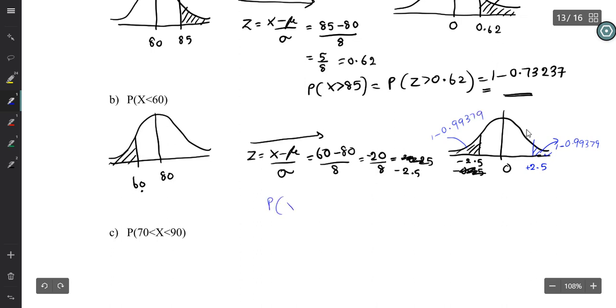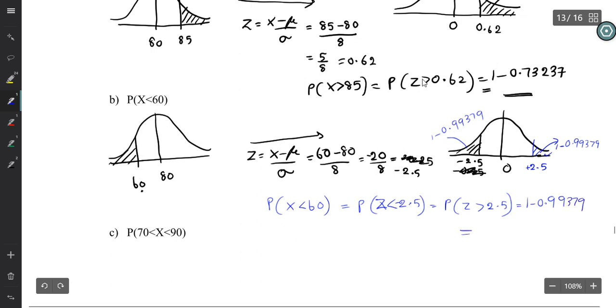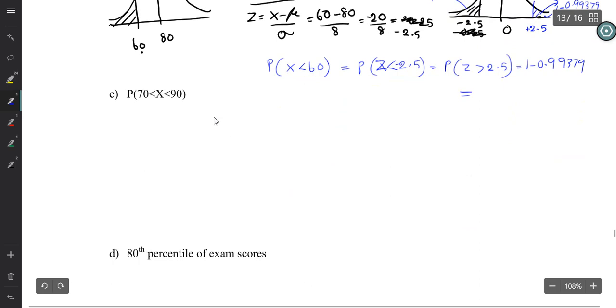So the probability x less than 60 is the same as probability z less than negative 2.5, which is the same as the probability z greater than positive 2.5, and that will be 1 minus 0.99379. So you can find the answer. Similarly, you can find the middle also. I'm not going to do that. You can try it. But let's do the last part, part D.